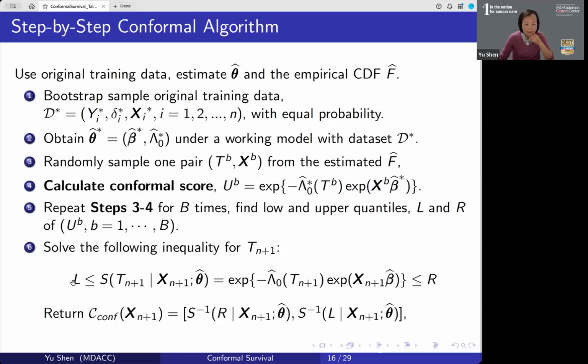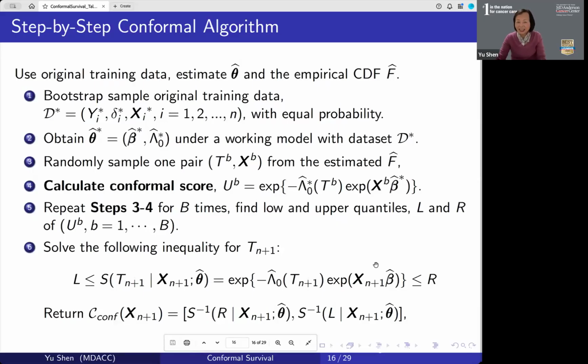Those quantiles are derived from the training data's conformity scores. And then based on the ranked conformity scores, we can derive the predicted interval for this new patient's test time, T sub n plus 1, given her baseline covariates.